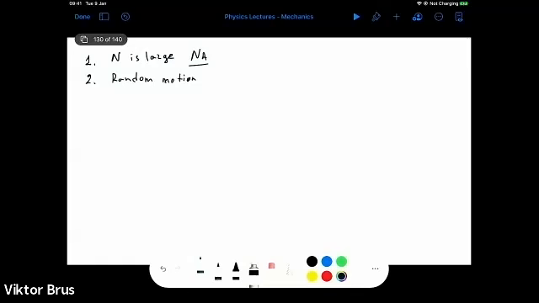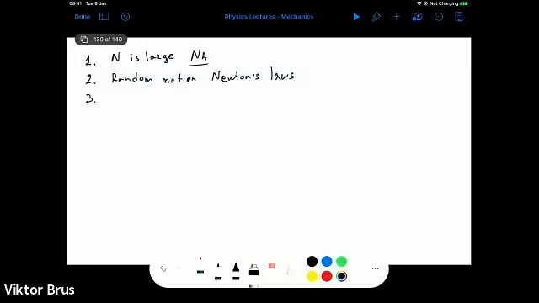And in addition, they follow Newton's laws of motion. So they satisfy this condition.